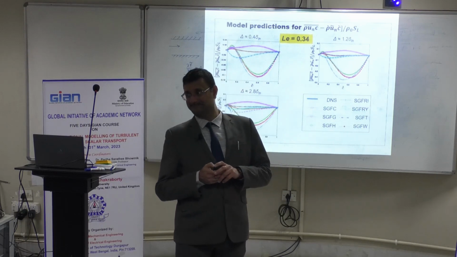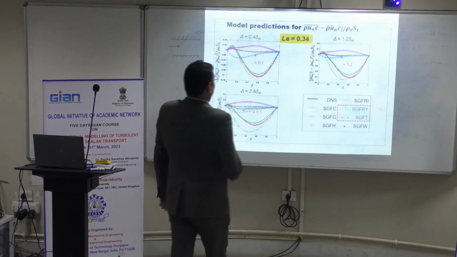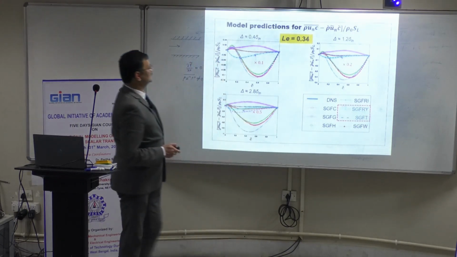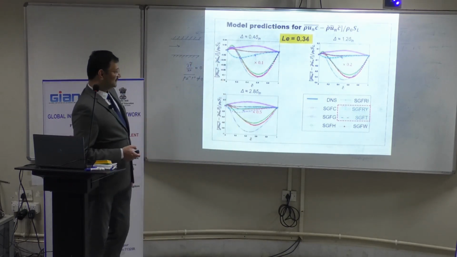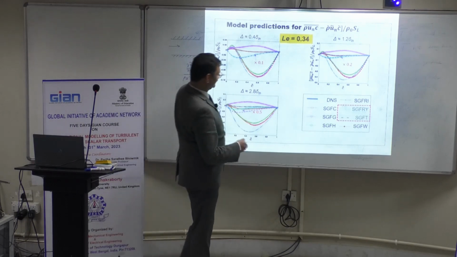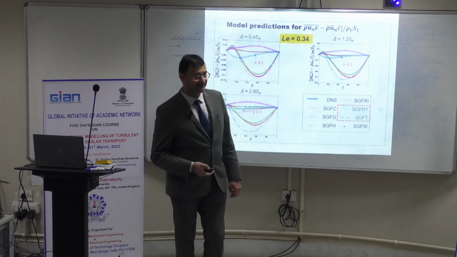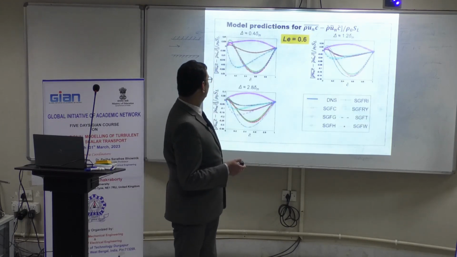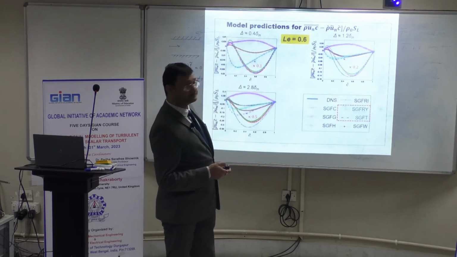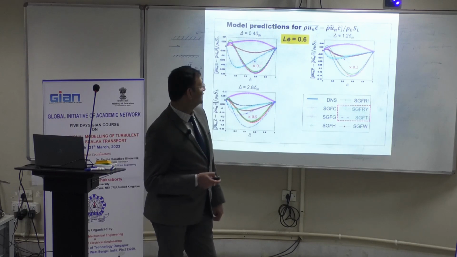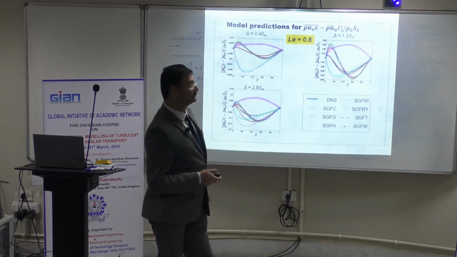Here, some of the models are really problematic because quantitatively they are very different. That's why some multiplier I used. Same story. Lewis number 0.6, 0.8.